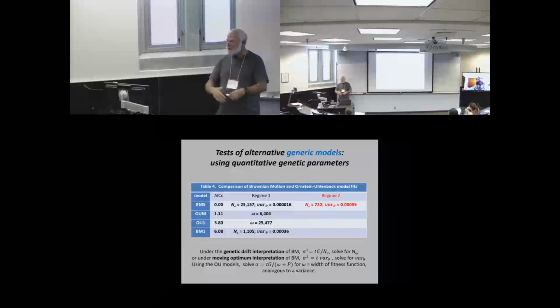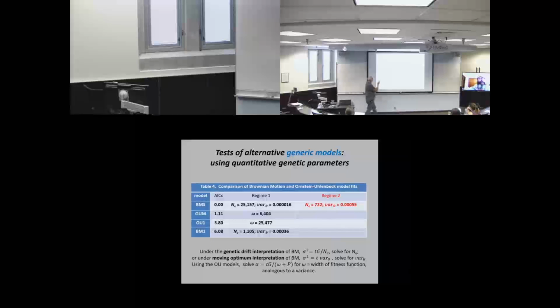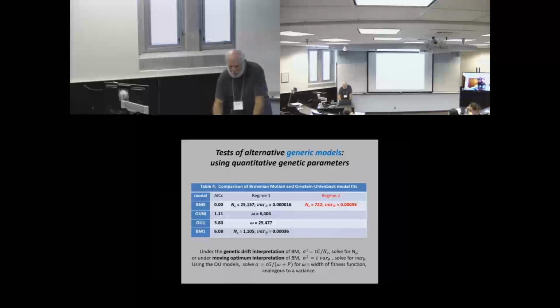But here we're fitting models, getting parameter estimates under maximum likelihood from those fits, and we're sort of confirming the general picture we've got, but now we've actually got parameter estimates. And the issue is whether you think that's really a realistic effective population size over a million-year period. I think it's kind of small, and that's why I'm inclined towards the OU model fit and parameter estimates. Yeah, Roberto.